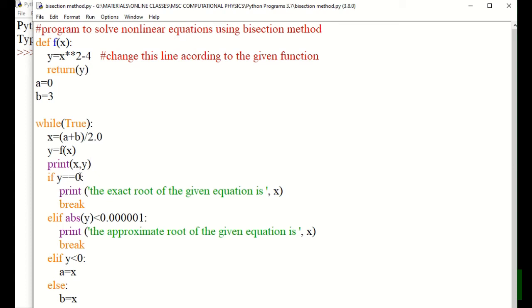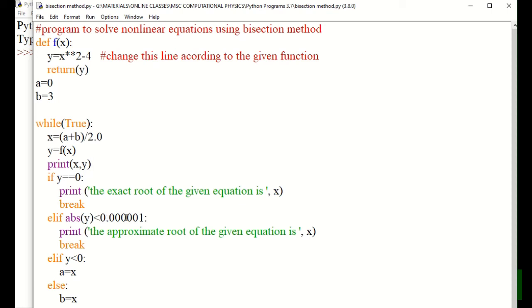Now if that is not the case, there is one more possibility, that your midpoint is much closer to the real root. So for instance, your y is less than 0.000001 unit away from your real root. In that case, your iteration can be stopped. We don't require that much accuracy.